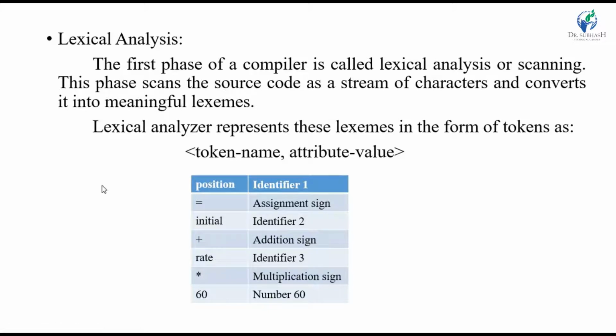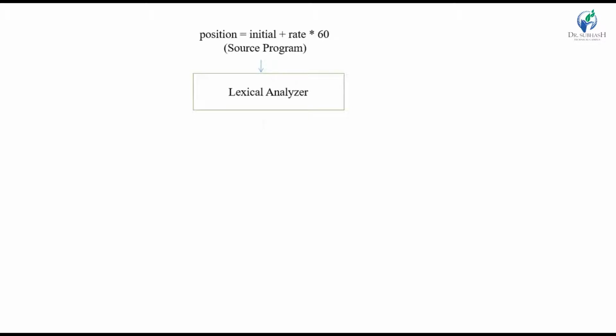So how is this source program, position = initial + rat * 60, identified after lexical analysis? First, the source program is given to the lexical analyzer, which generates the token stream in the form of identifier 1 = identifier 2 + identifier 3 * 60.